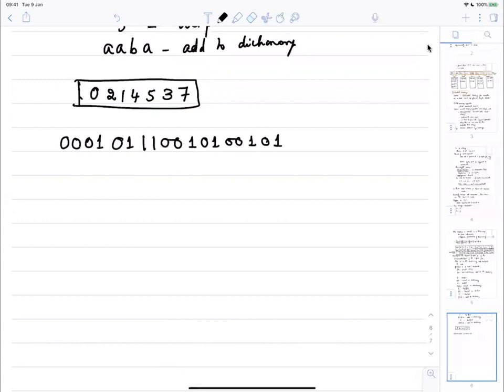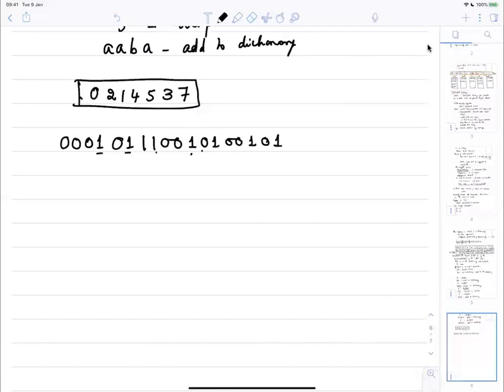Let me see the same example: 12, 8, 9, 18. 0, 1, 0, 1, 1, 1, 0, 0, 1, 0, 1, 0, 0, 1, 0. Okay, so let's see how we do this encoding.